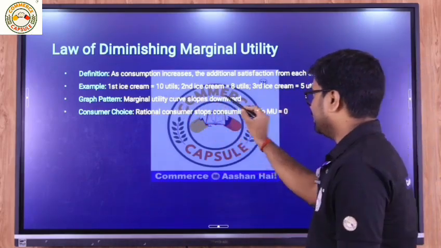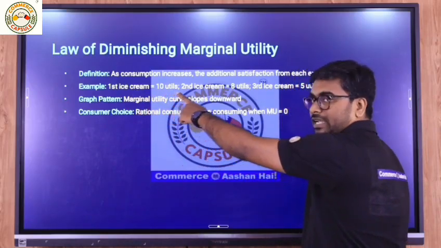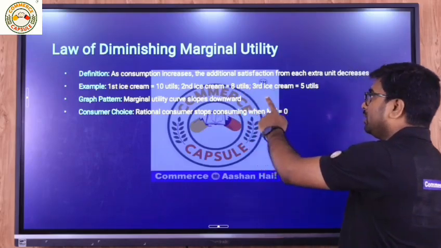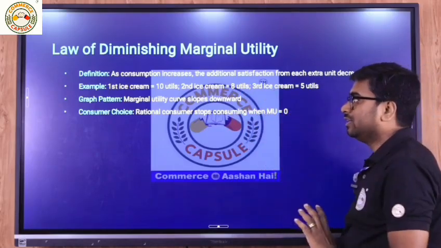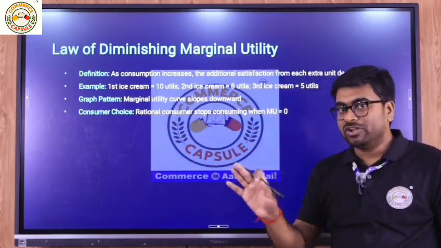So this is the example. For the first unit of ice cream, maybe I will receive 10 utils. For the second unit, I will receive 8 utils. For the third unit, I will receive 5 utils. And this is basically the approach of how marginal utility behaves.